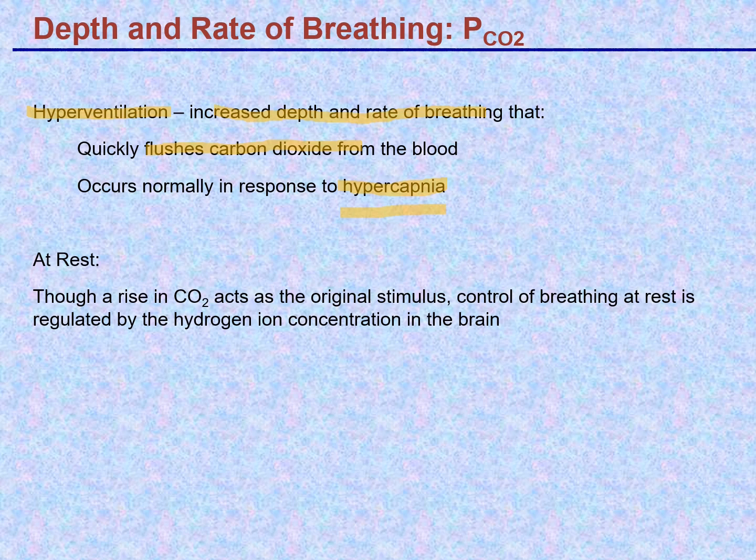With hypercapnia, it's detected and triggers increased rate and depth of breathing so that you can return to a normal CO2 and therefore hydrogen ion concentration. When you're at rest, the original stimulus is the rise in CO2 causing increased ventilation, hyperventilation. But in the end, as I mentioned earlier, what really is detected is the rise in hydrogen ion concentration due to that rise in CO2.